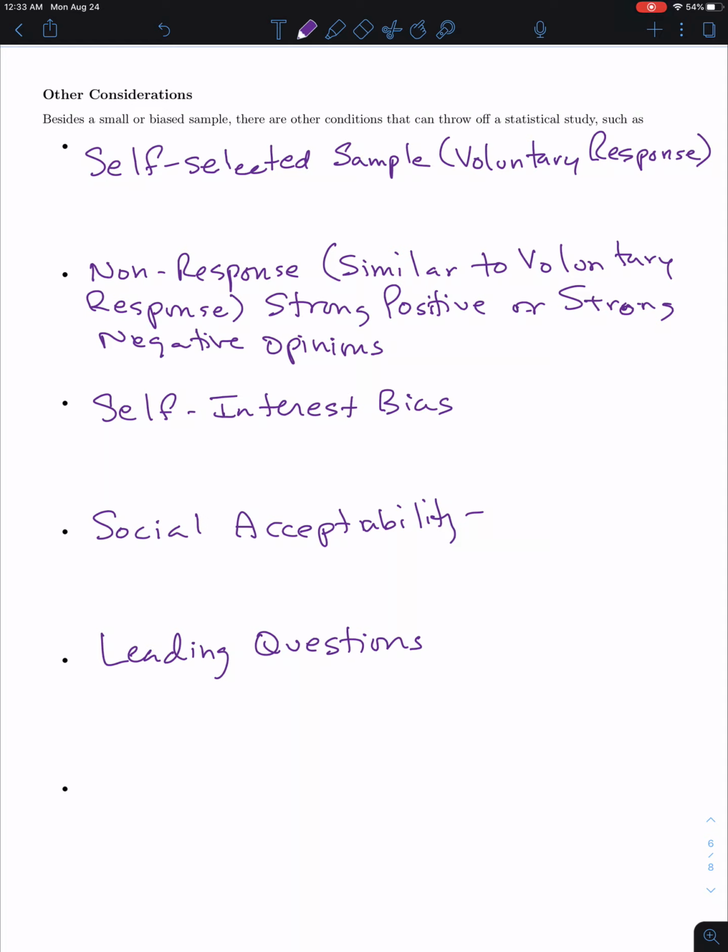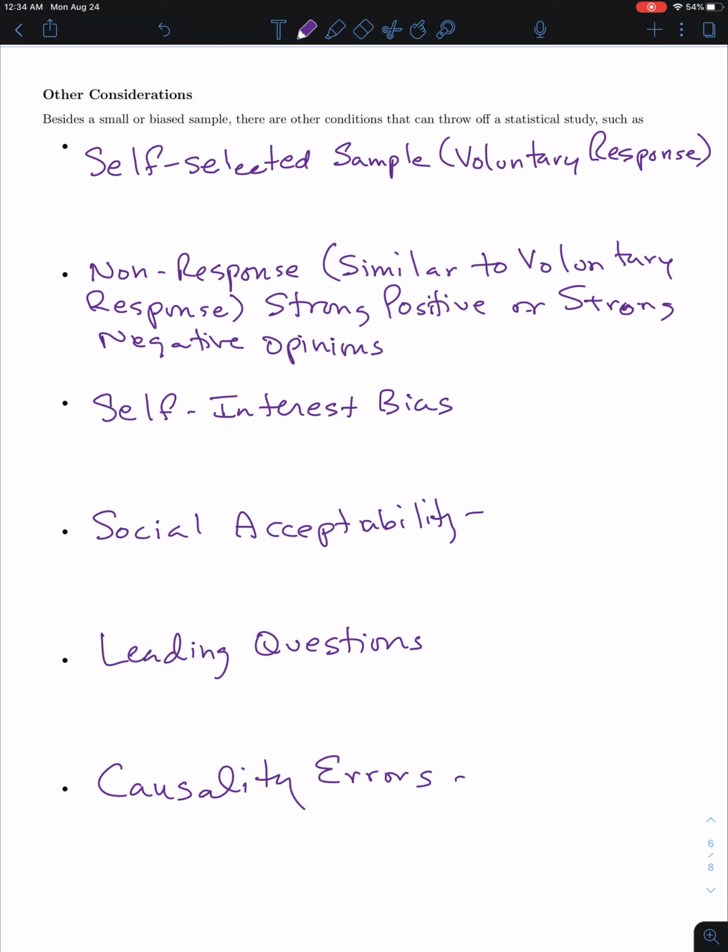Finally, the last possibility could be causality errors. In this case, it's assuming that there's a relationship between two variables, which means one causes the other.